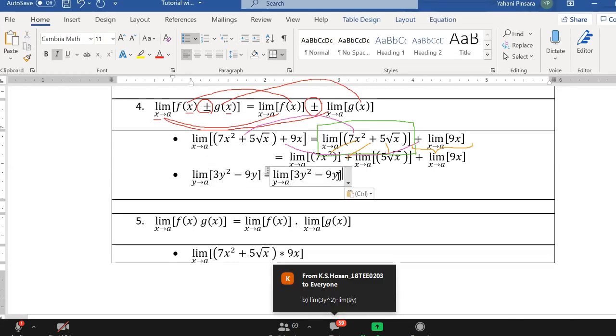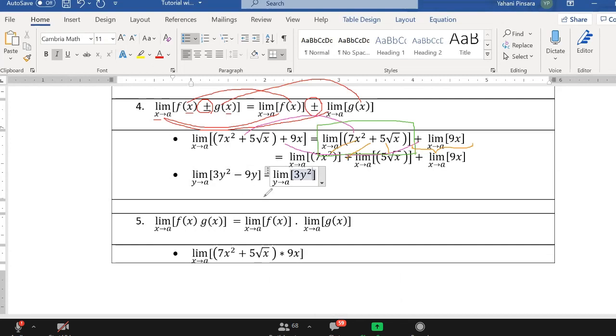You have to take this first one here, and then you have to take this minus mark here, and then you have to take this 9y here along with the limit, right? So this is the answer for the second one.